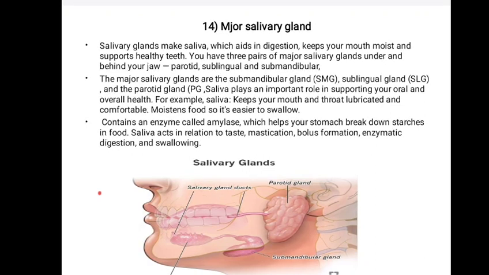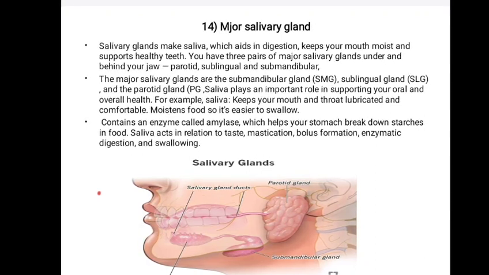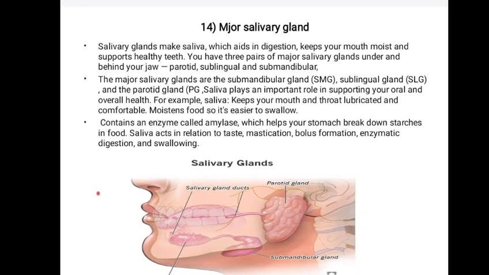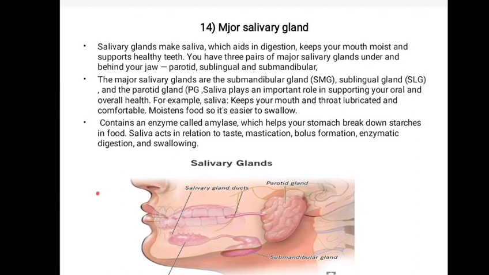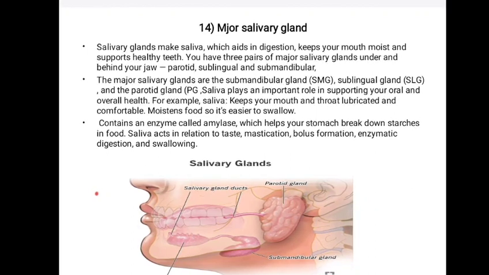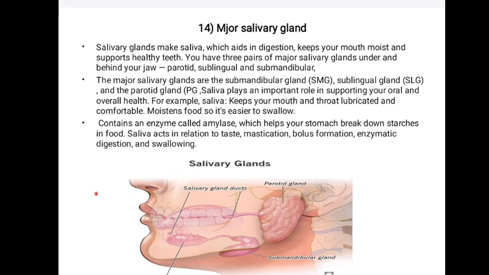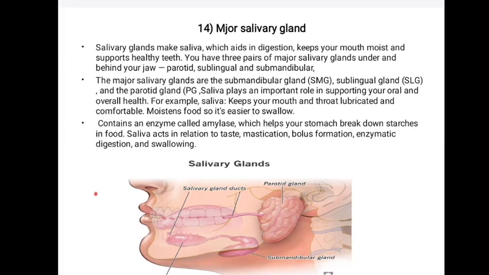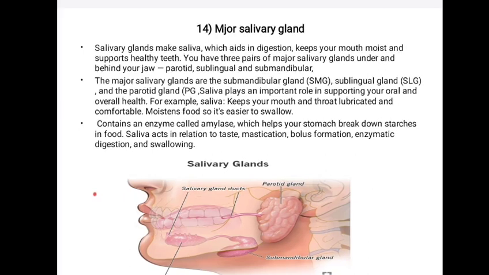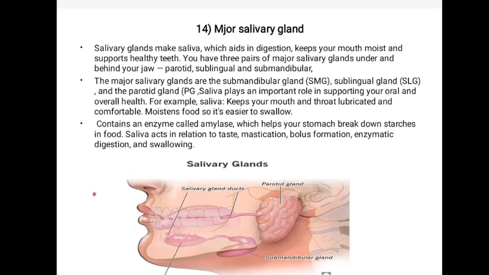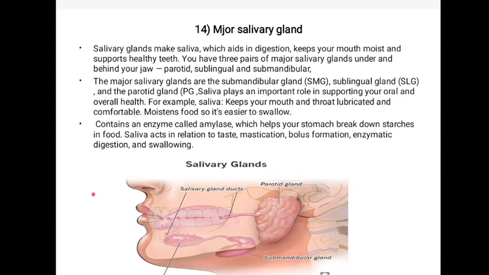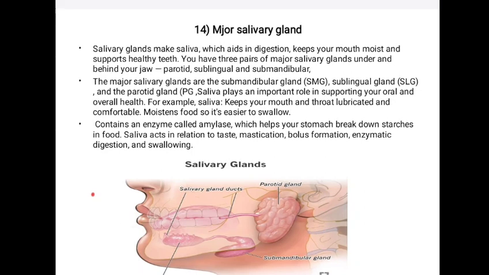You have three pairs of major salivary glands under and behind our jaw: parotid, sublingual, and submandibular. The major salivary glands are the submandibular glands, sublingual glands, and parotid glands.